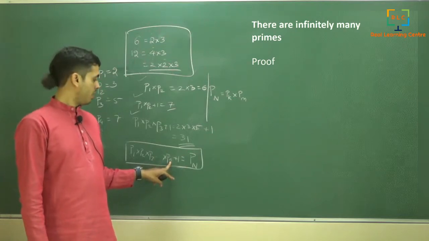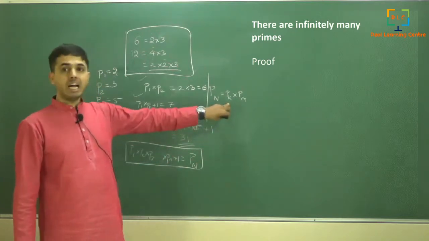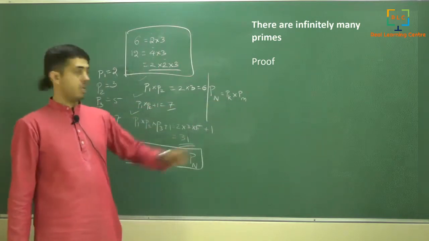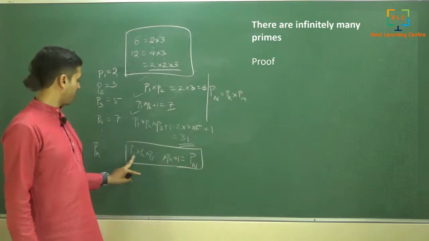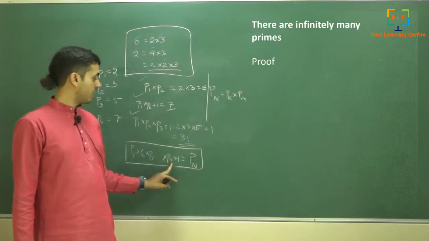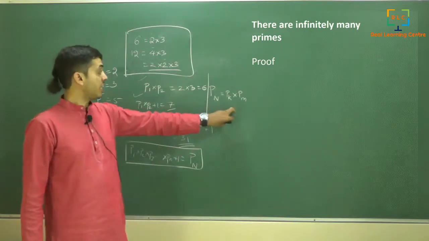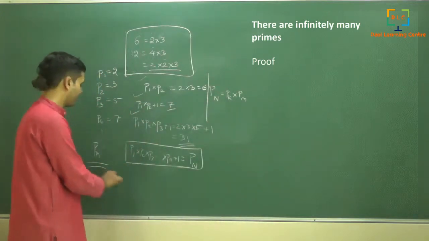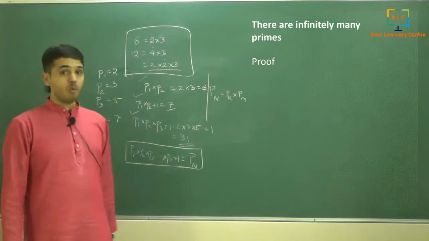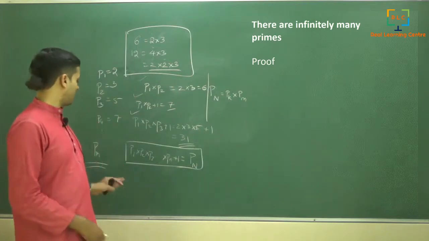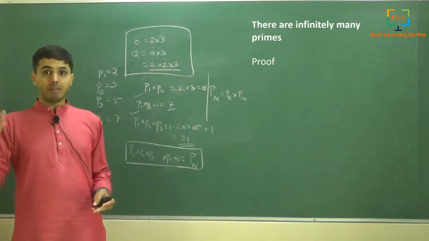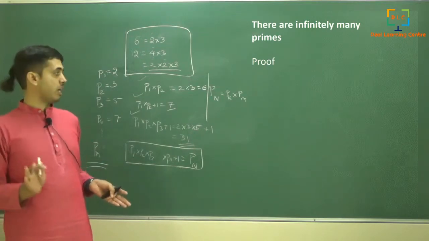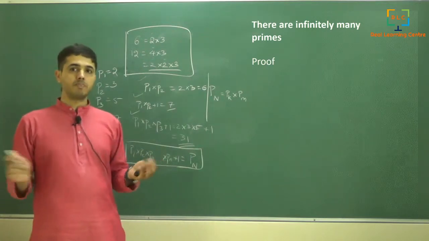Then Pk is none of P1 or P2 or P3 up to Pn. Pm is none of P1 or P2 or P3 up to Pn. It means that Pk and Pm are two prime numbers bigger than Pn. Then what does it show? It shows that there are more prime numbers than the largest prime number. Okay, then my theorem is proved.